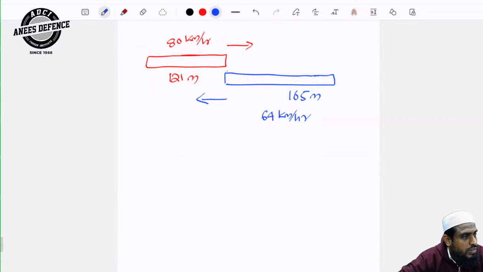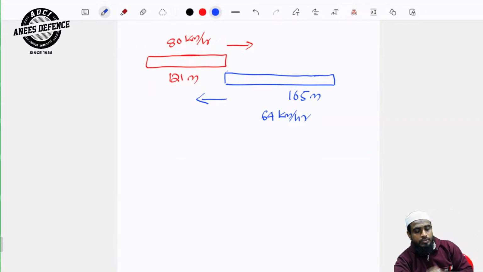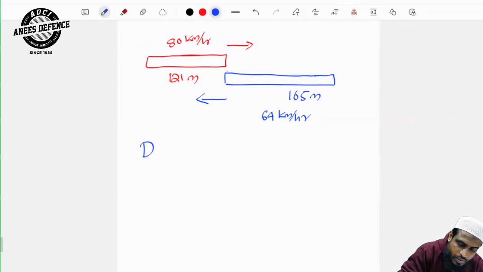So what is the total distance you should cover? 121 plus 165. Then only we can say that it will completely clear off. So the total distance is the sum of 121 plus 165, which is 286.